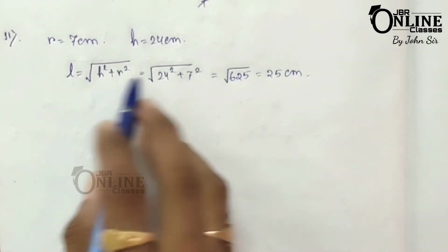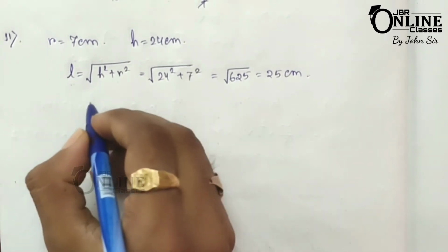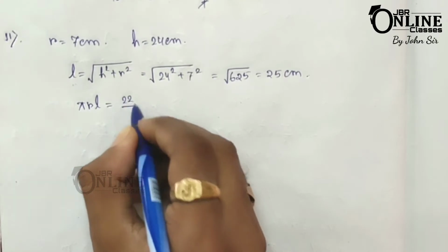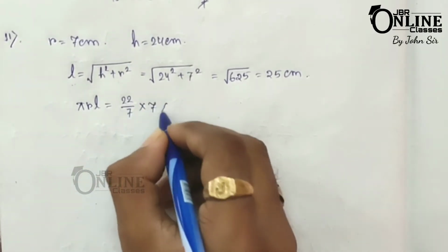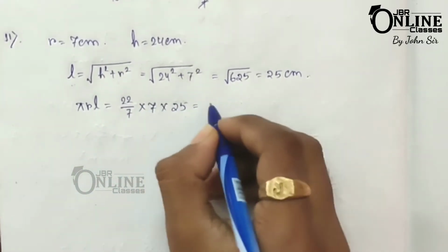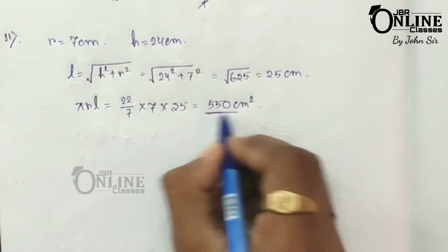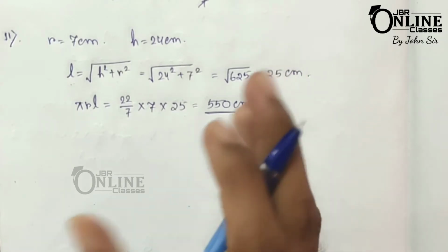So as 25 centimeter is the slant height, the curved surface area pi r l means 22 by 7 into 7 into 25, and that is 550 centimeter square. So 550 centimeter square is the area of one cap.